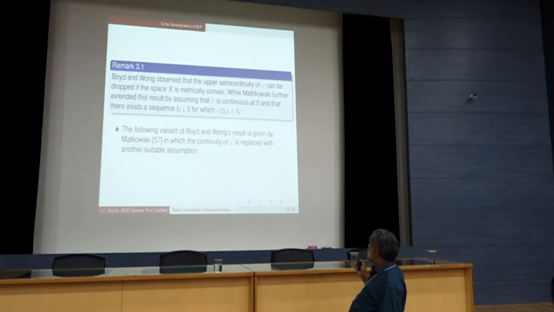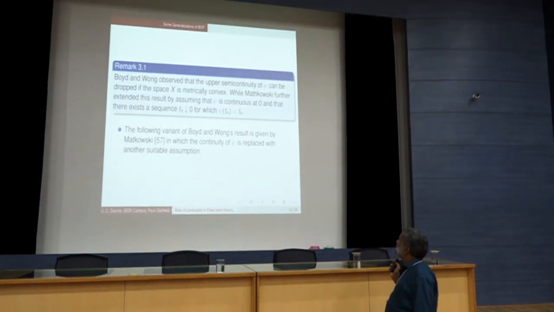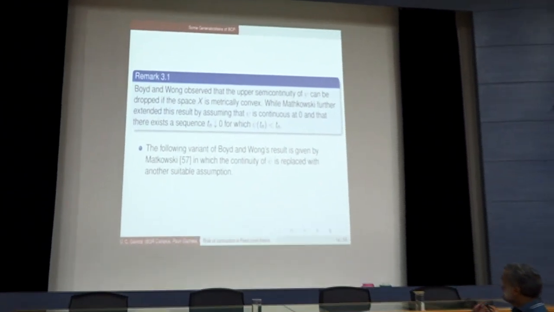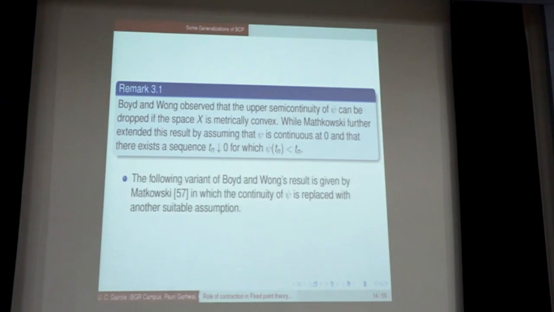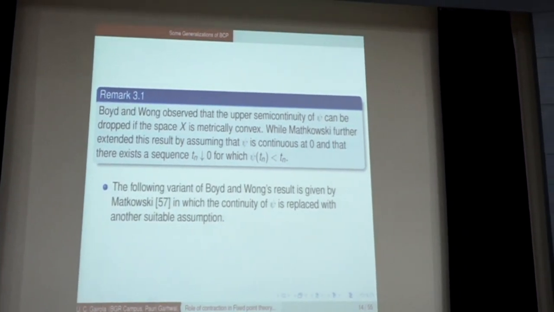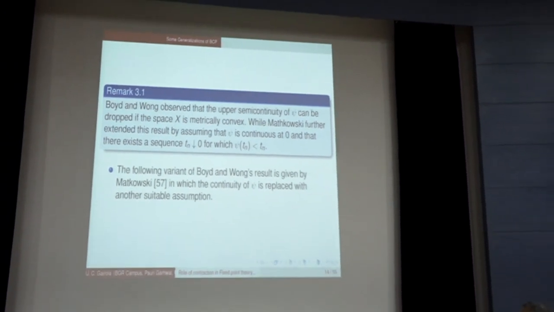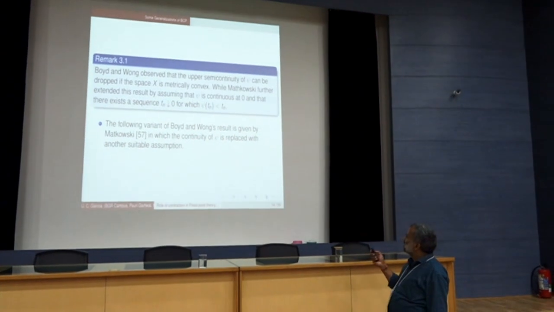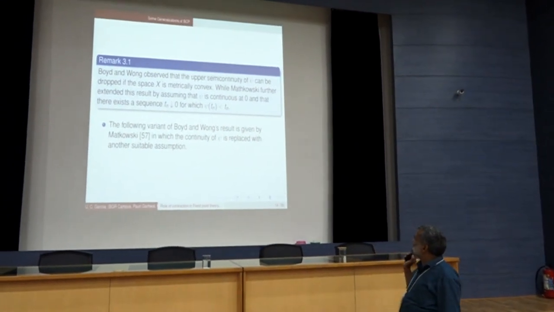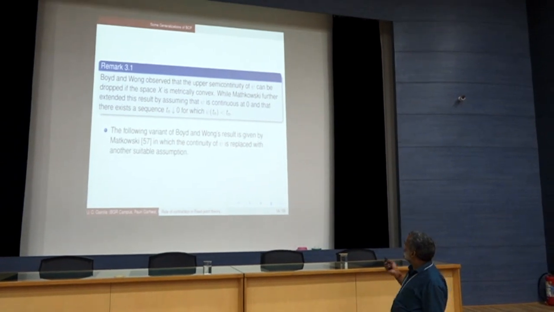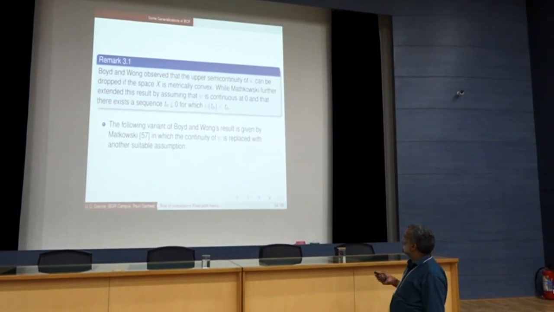Boyd and Wong observed that the upper semi-continuity of psi can be dropped if the space X is metrically convex. Matkowski further extended this result by assuming psi is continuous at 0 and that there exists a sequence t_n converging to 0 for which psi(t_n) is less than t_n. The following variant of the Boyd and Wong result is given by Matkowski, in which the continuity of psi is replaced by another suitable assumption.